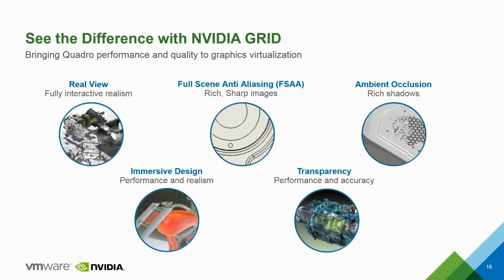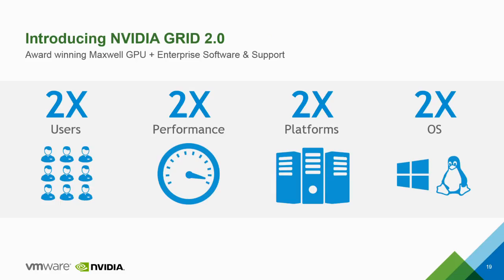But that gives me the ability to very cost effectively show that car to investors or prospective buyers or whoever, and in a very realistic sense. So Quadro is something that is absolutely critical to those engineers and designers, power users, really everybody can take advantage of it. So what is Grid 2.0?